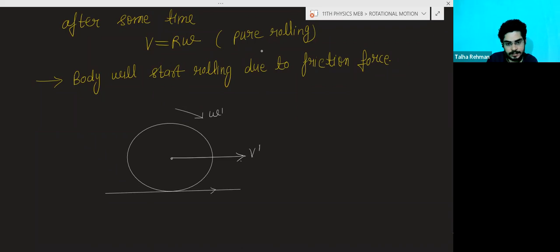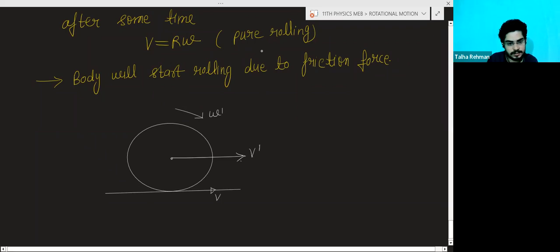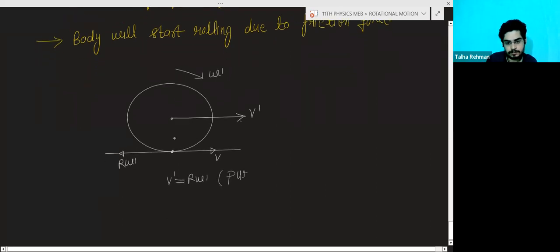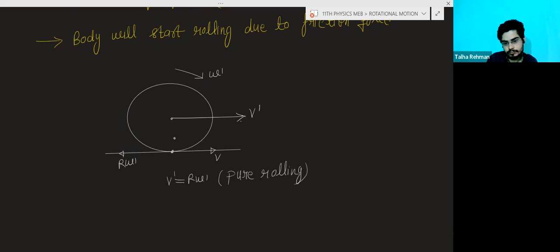So in this direction there will be a velocity v dash, and in this direction there will be a velocity r omega dash at the point of contact. This condition is of pure rolling. This is the condition after some time.